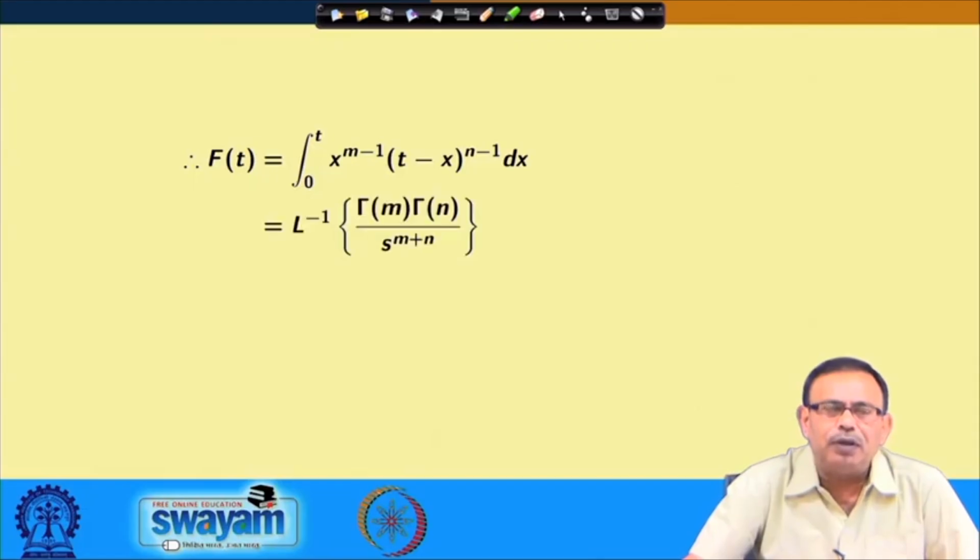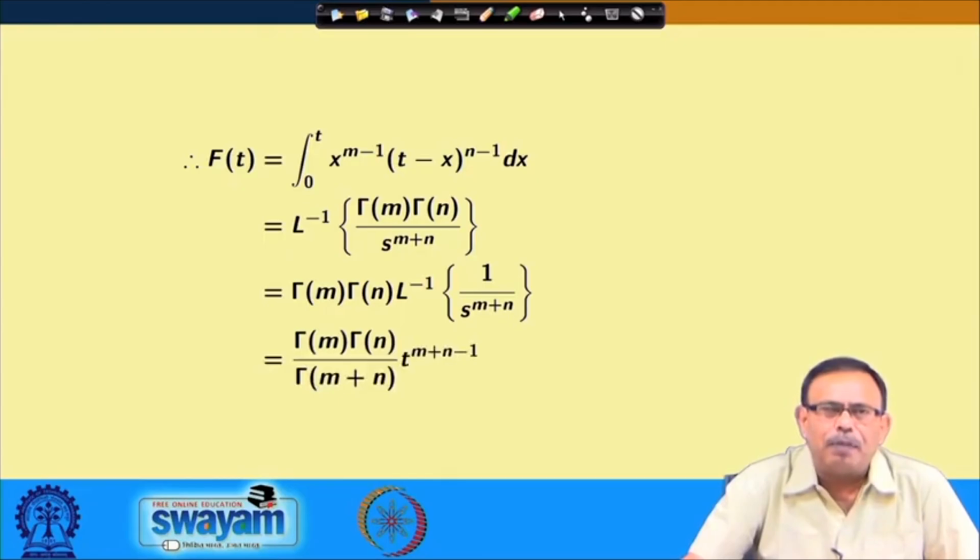So, that f(t) will be the Laplace inverse of this thing, gamma m gamma n by s to the power m plus n. Now, gamma m gamma n I can take outside, so that it becomes the Laplace inverse of 1 by s to the power m plus n, and the Laplace inverse of 1 by s to the power m plus n is 1 by gamma m plus n into t to the power m plus n minus 1.